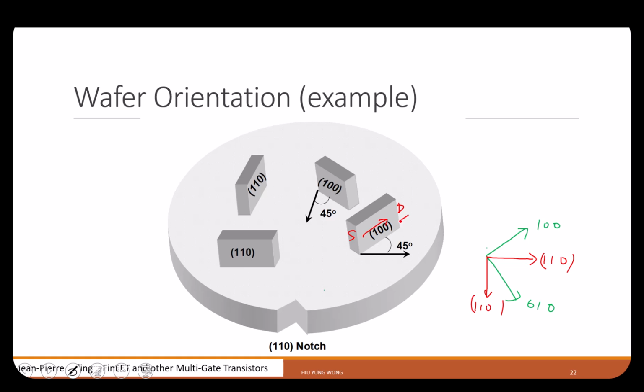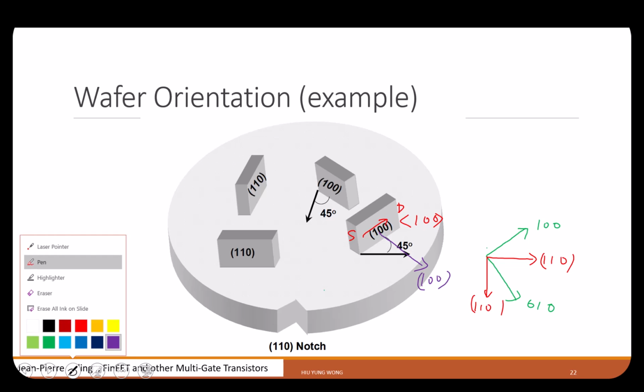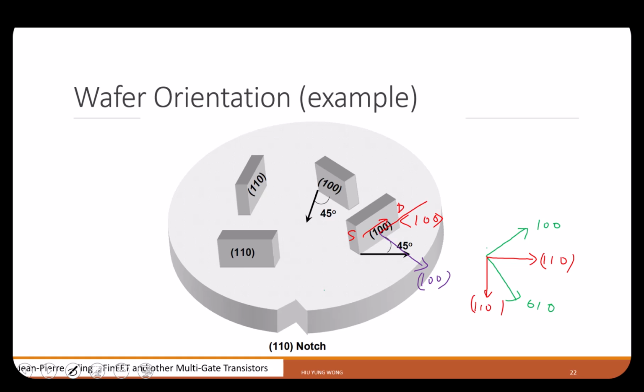This direction is also 100 because you are transporting in this direction, okay? This surface is perpendicular to this one. Let me make this clearer. This surface here is 100, right? And then for the transport direction, this here is 100.